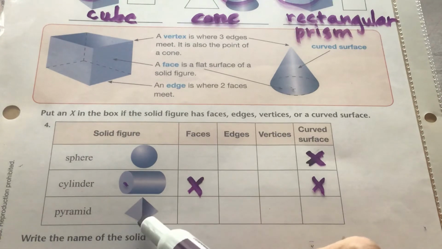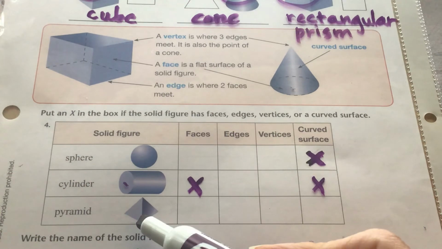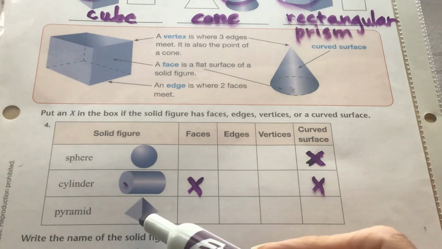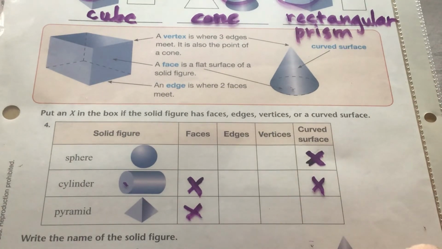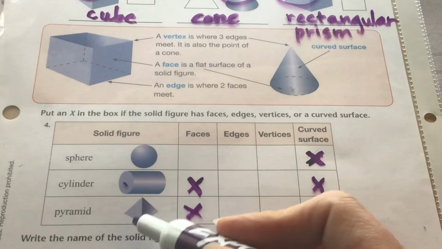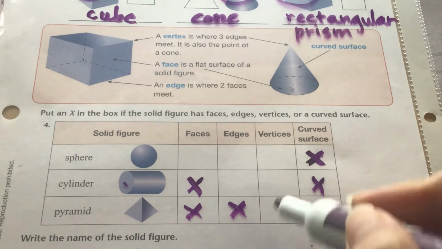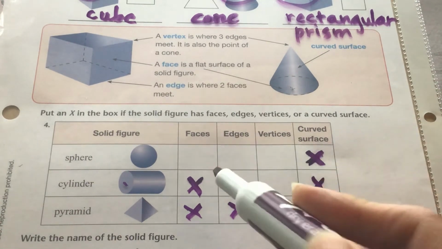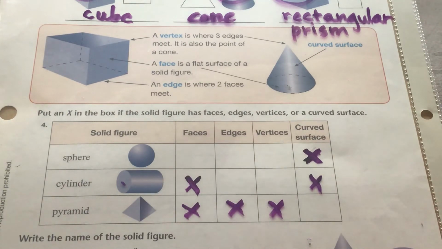So let's look at a pyramid. Now, a pyramid reminds us of a cone, but it's different. A pyramid doesn't have any curved surfaces. A pyramid has four faces, and it has 8 edges, and it has 5 vertices or points, these points here. And I have to count even the ones we can't see. Unfortunately, we're not in the classroom together with shapes that you can touch and count.